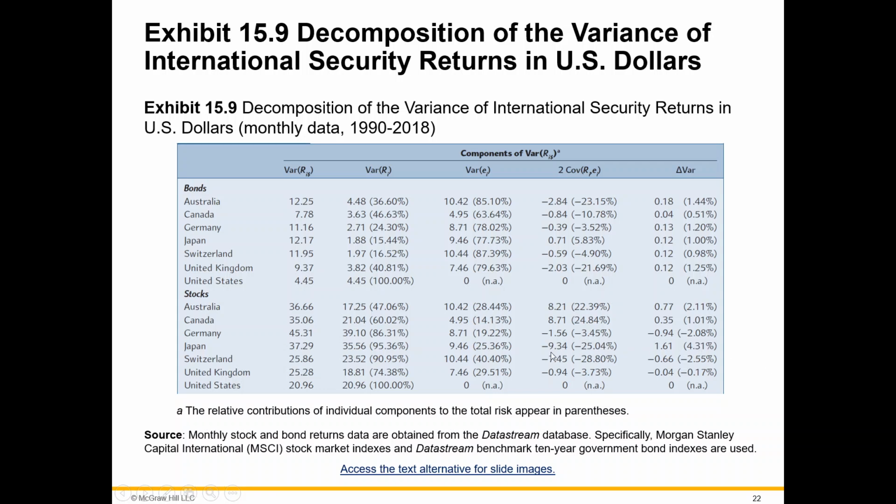In the case of Japan, the negative covariance cancels out basically all of the risk associated with the exchange rate. So the risk an American investor in Japan faces is pretty much identical to that of a domestic Japanese investor in Japanese securities, because of the hedge benefit of the covariance of the stock returns with the exchange rate.